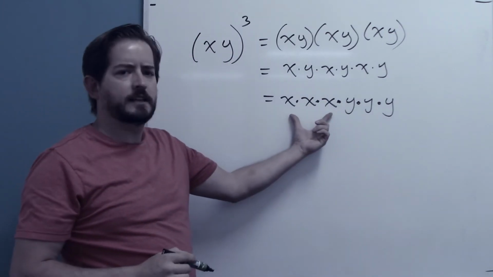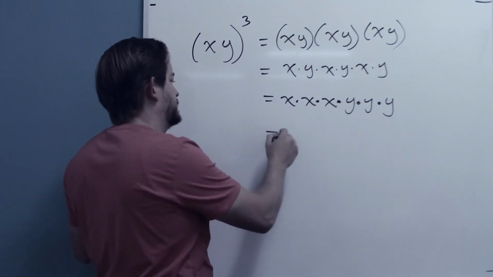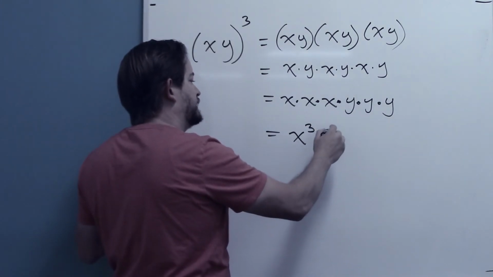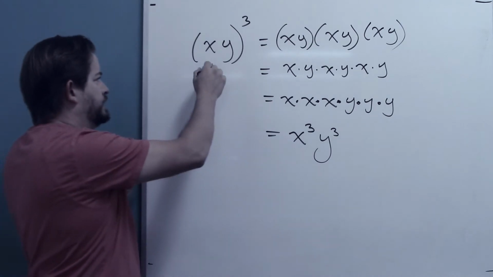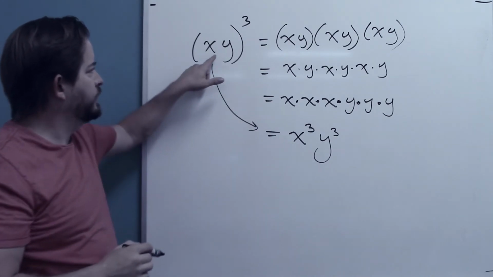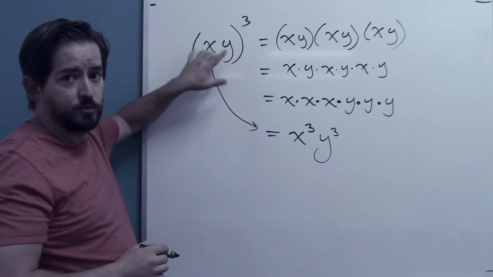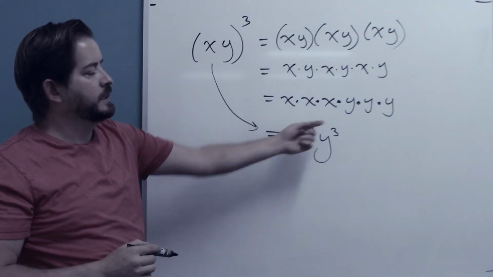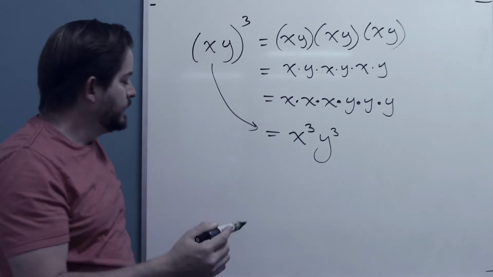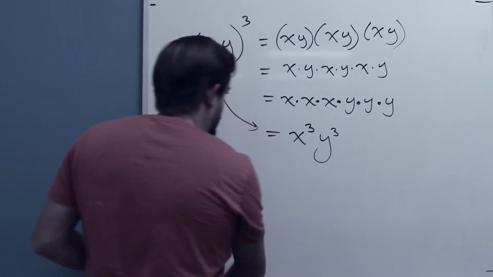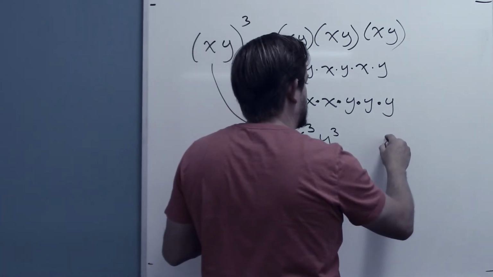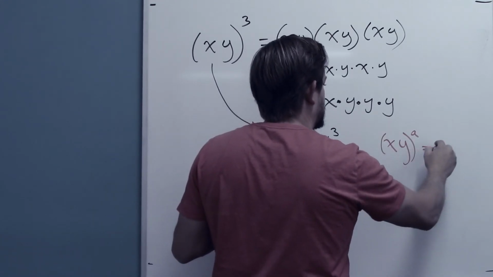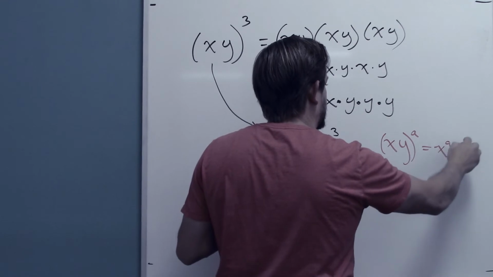But x times x times x is x to the third. Y times y times y is just y to the third. And so we typically like to see this little shortcut here, that if I have the product inside a parentheses that gets raised to a power, each of those factors simply gets that power, right? And that would be written this way: xy to the a is equal to x to the a y to the a.